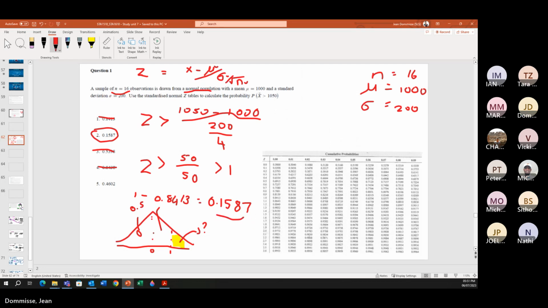So we could have used the negative table because we're only looking for that small area. So that small area would have been replicated on this side, and it would have been exactly the same size.